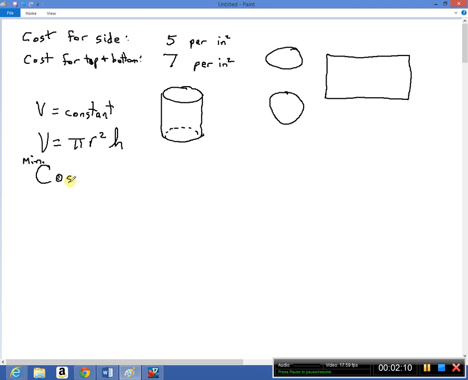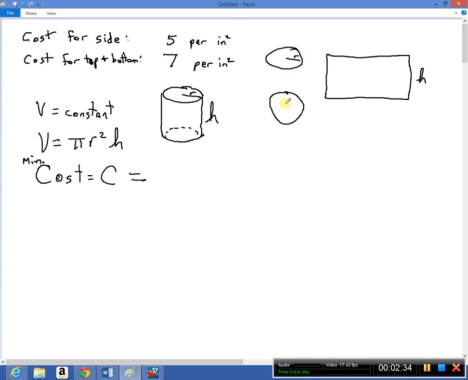And the cost is going to be the cost of the top and the bottom plus the cost of the side. So if I have to figure that out, it's just 5 times the cost of the side. Now let's remember what this all is. This was h because it's the height of the can, and we have a radius r.